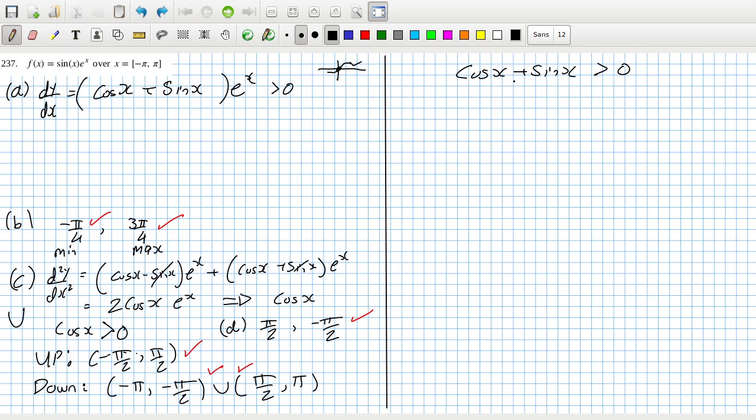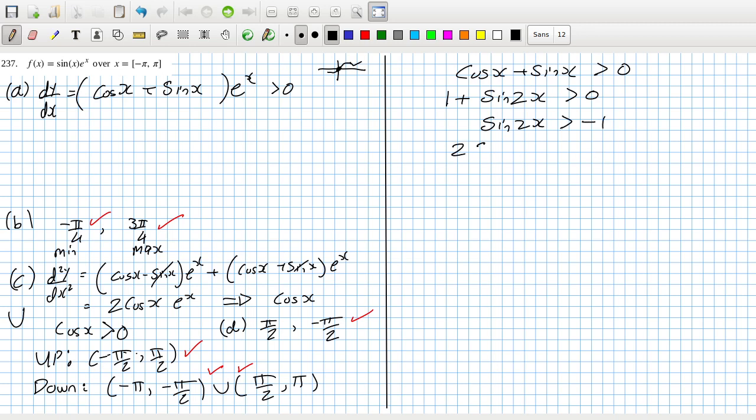How do I want to solve this now the easiest way possible? If I square both sides, I'll get cos squared plus sine squared is 1, and then 2 cos sines, so I'll get 1 plus sine 2x more than 0. Okay, so this is better now. Sine 2x is more than minus 1.